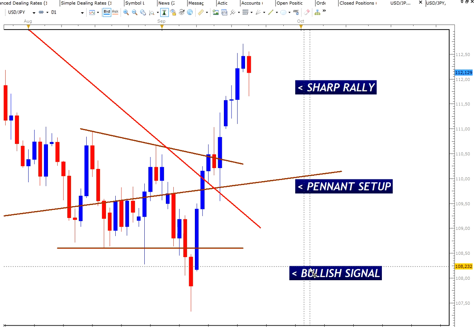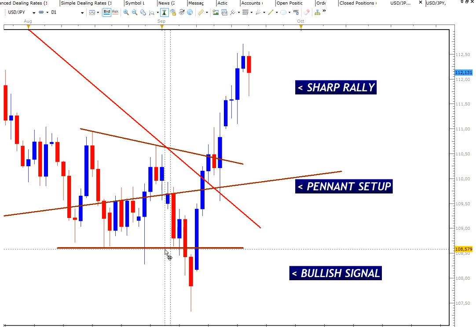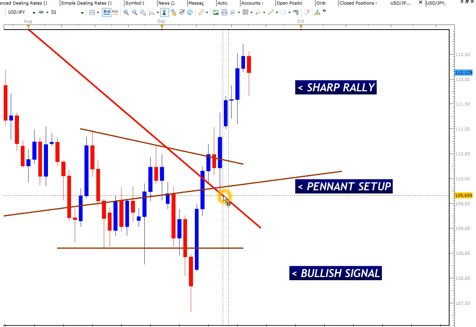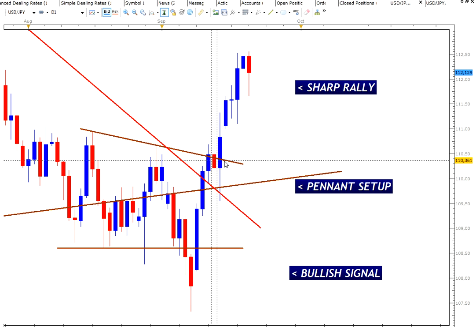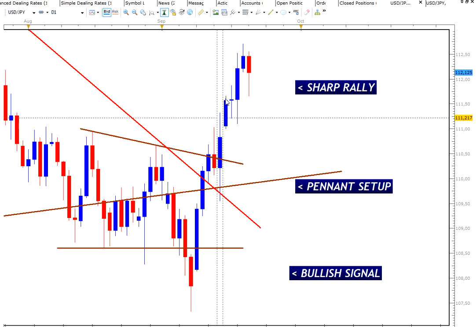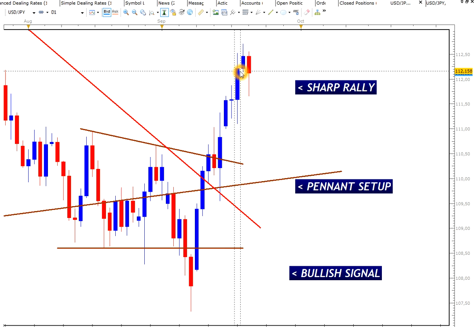So the market continued the reversal in response to this bullish signal, following the weak attempt to break out short below the support boundary, rallied and took us initially towards the resistance boundary here, pulled back and created a little bit of volatility here, but eventually the momentum was strong enough to outweigh the selling pressure at this area here and continue the rally and continue to provide significant gains in favor of the US dollar.